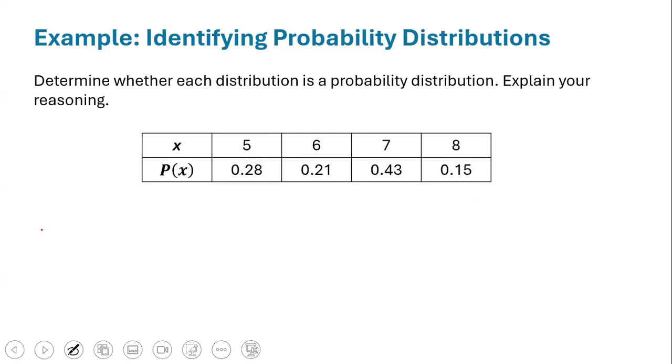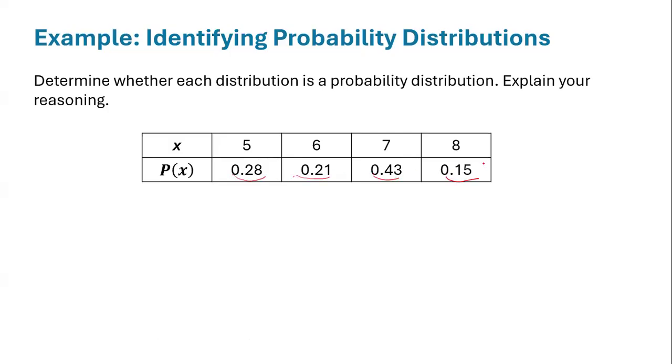Next example, we have a table, random variable x, and the probability for each of the random variables. So as you see, the first requirement, all of the x values are numbers. Yes. The second requirement, the probabilities are numbers between 0 and 1. Yes.